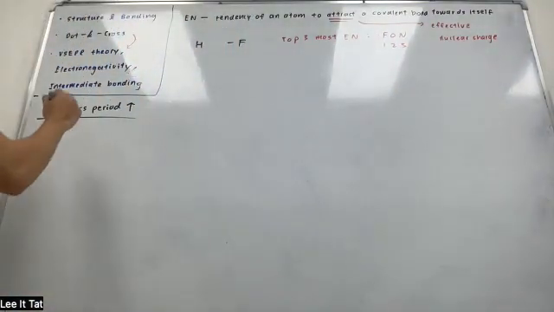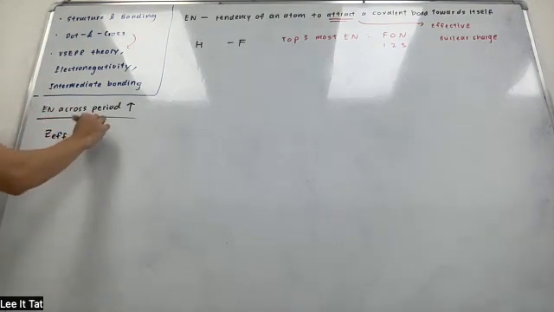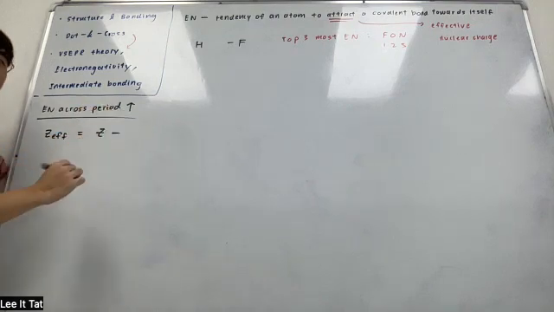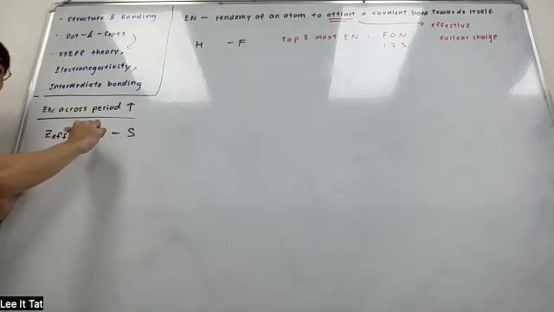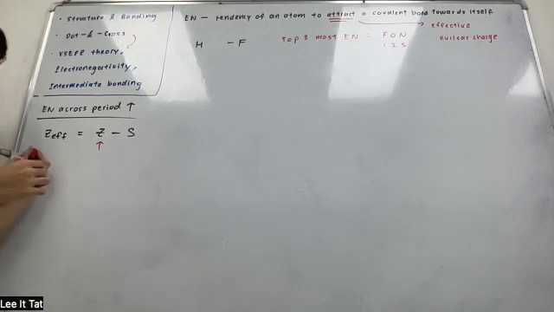Can you remember the formula for effective nuclear charge? It's nuclear charge minus shielding effect. Yes. So across the period, what happens to the nuclear charge? Nuclear charge increases because you have more protons. What happens to shielding?